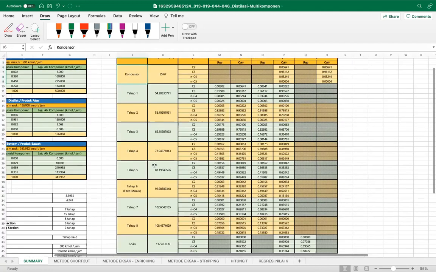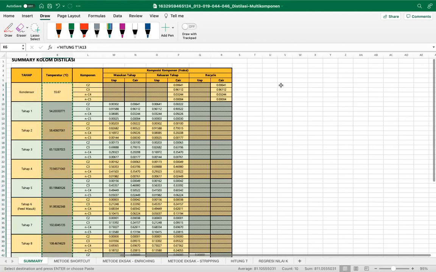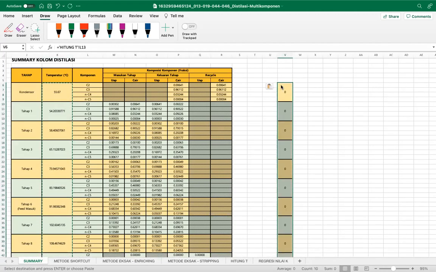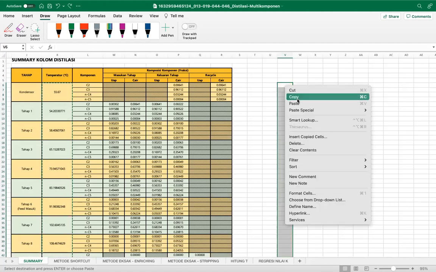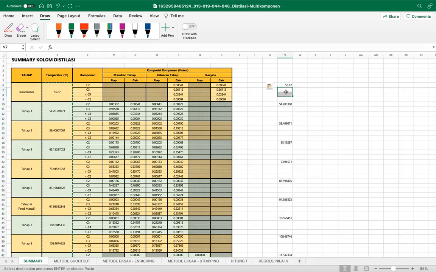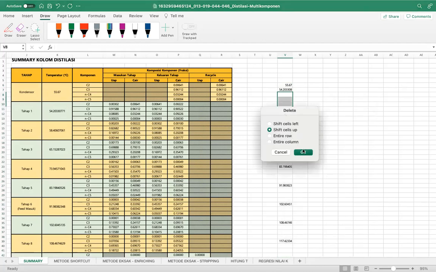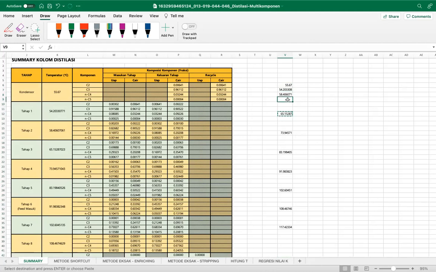So if I want to calculate it here, if you want to know the temperature, we can try to have a look.